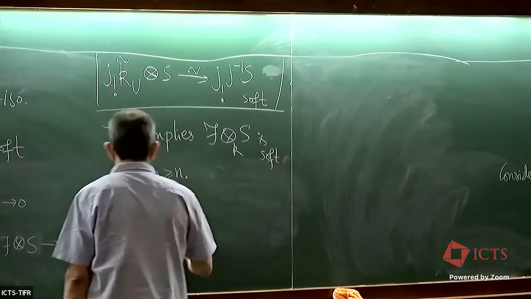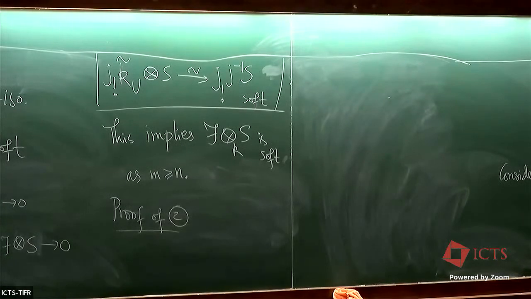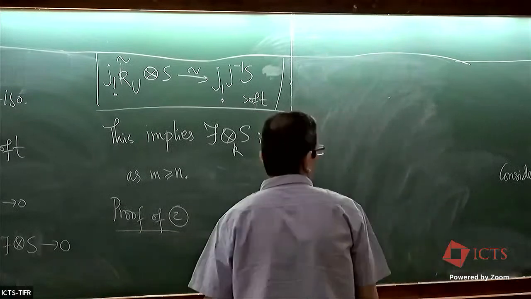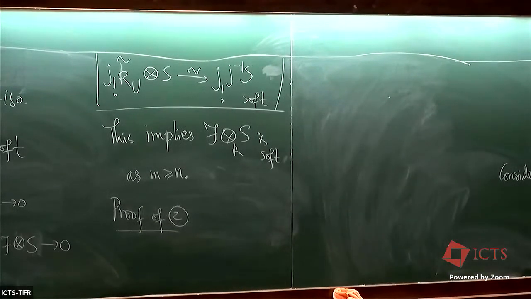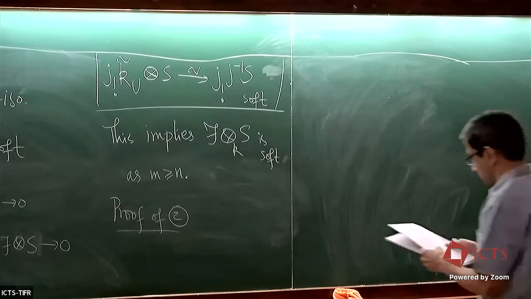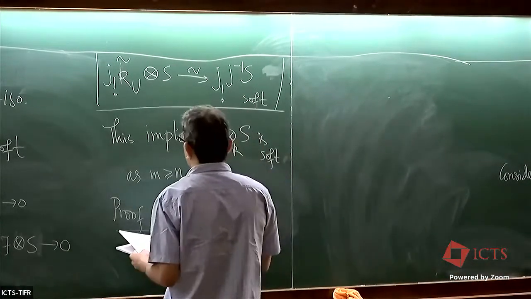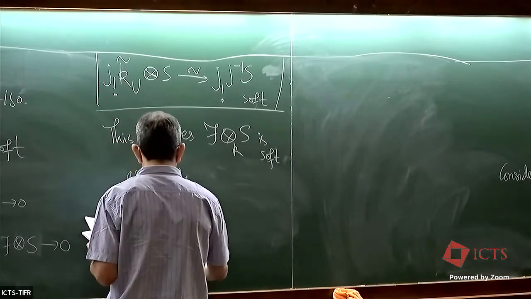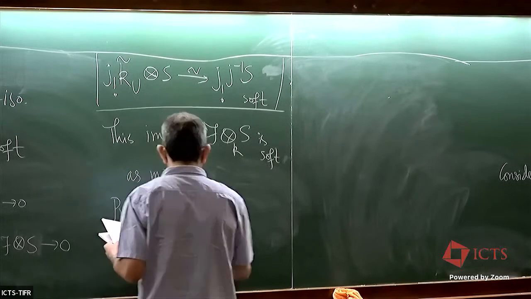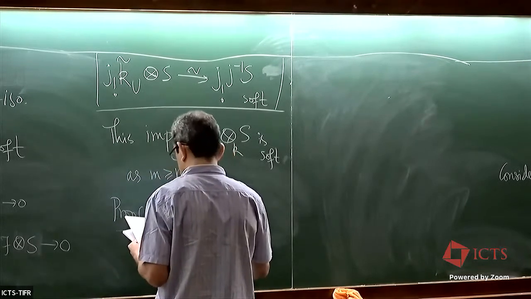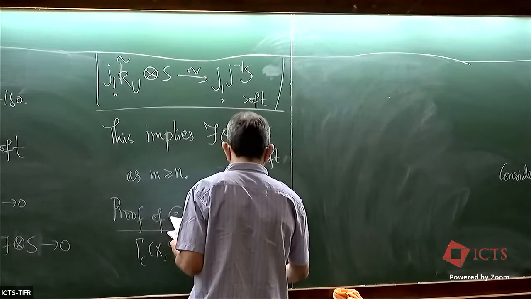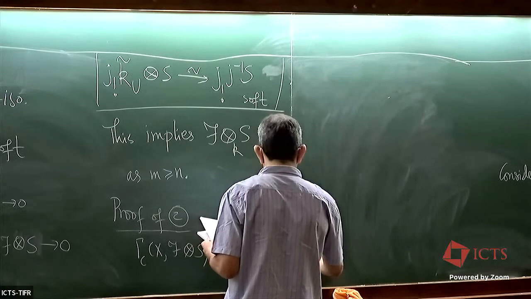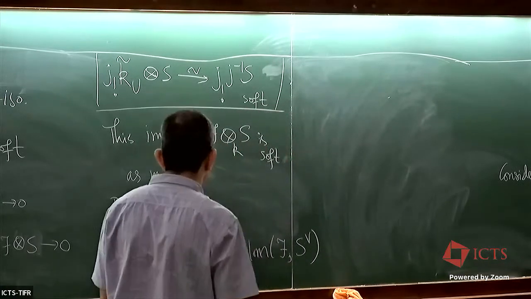Okay, proof of 2. Yeah, I think what I'll do is I'll just indicate that. So what is 2? Yeah, I have it here. So one can show that there is a natural map, first at the sheaf level.